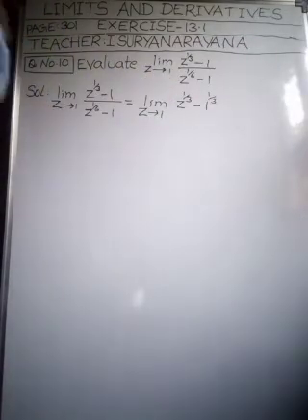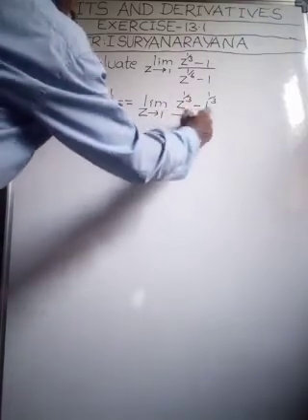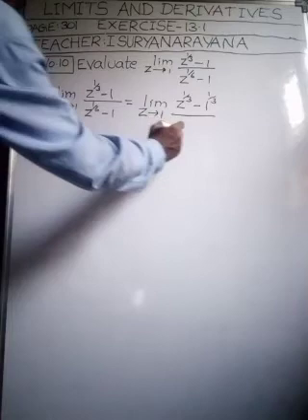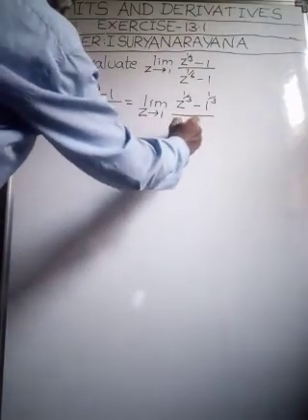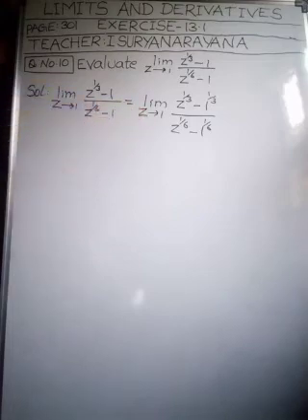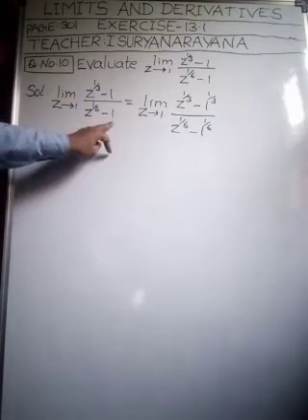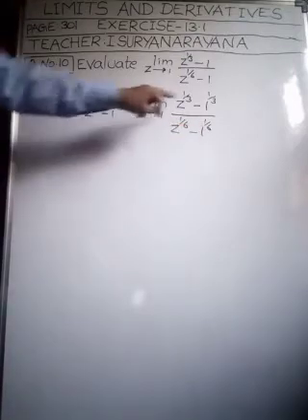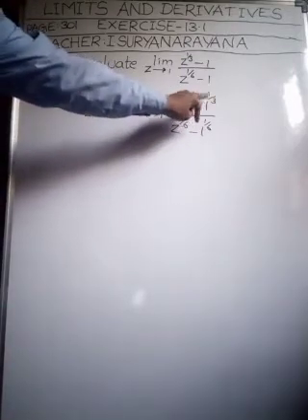Okay, my children, understood that point? Right. Whole divided by, come to the denominator. Here also we can write z to the power of 1 by 6 minus 1 to the power of 1 by 6. Okay, my children, I wrote 1 as 1 to the power of 1 by 6. In the numerator, I wrote 1 as 1 to the power of 1 by 3.